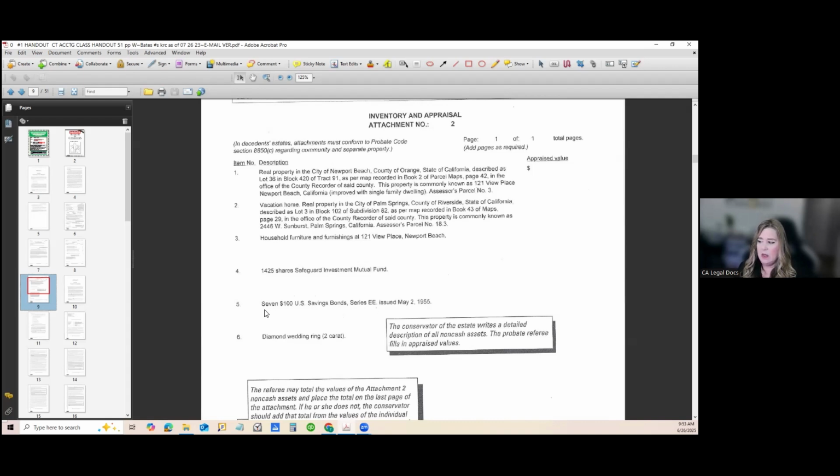Let me tell you, I've also done inventory and appraisals where I've had 4 or 5 pages of one line items. I will estimate 150 savings bonds can fit to a page, and I had 5.